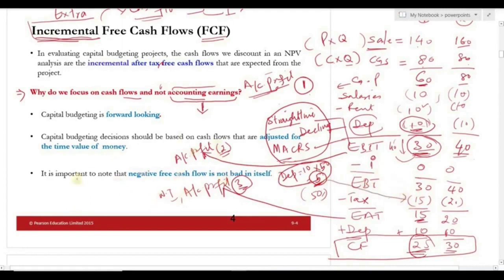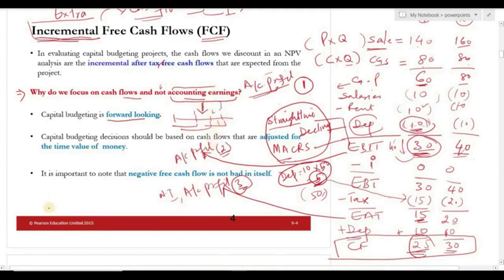Okay, so that was just a little bit of explanation. So the first question is that we focus on the cash flows, not accounting profit, because capital budgeting is forward looking, right? Forward looking means we have some cash flows in year 1, year 2, year 3, and we need to discount them back to find the present value of cash inflows, right? So that is why it incorporates time value.